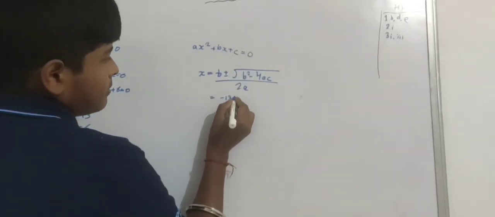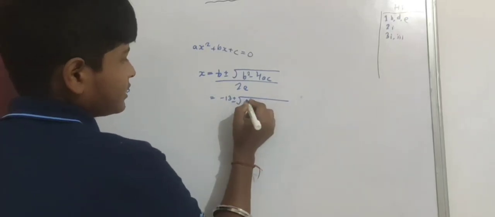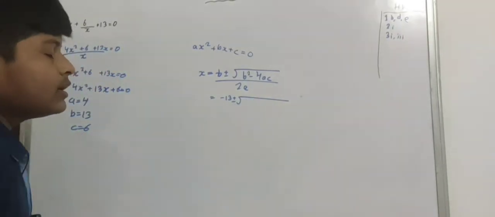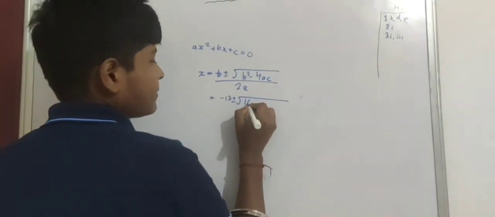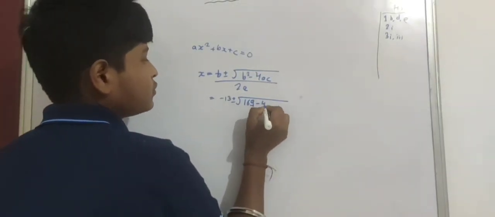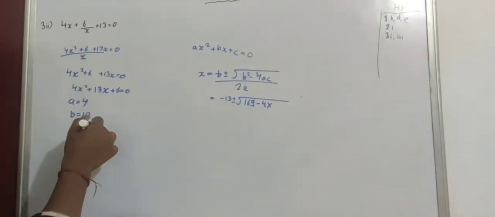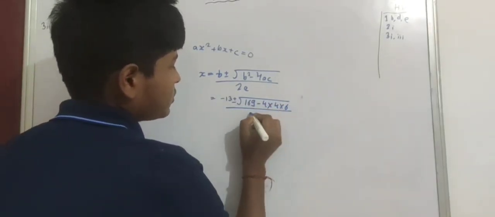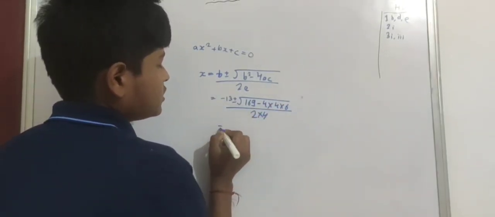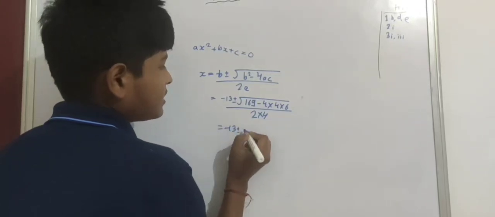So now filling in the givens, we have minus 13 plus minus under root b square, that is 169, 13 square is 169, then minus 4 into 6 divided by 4 into 2.